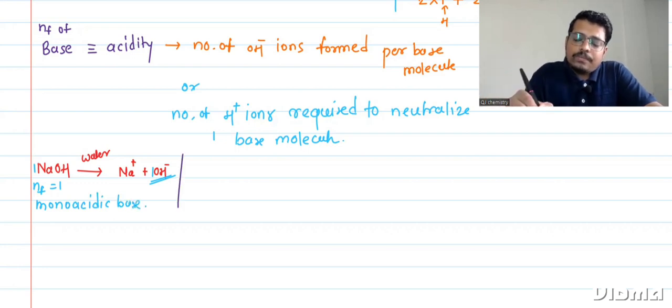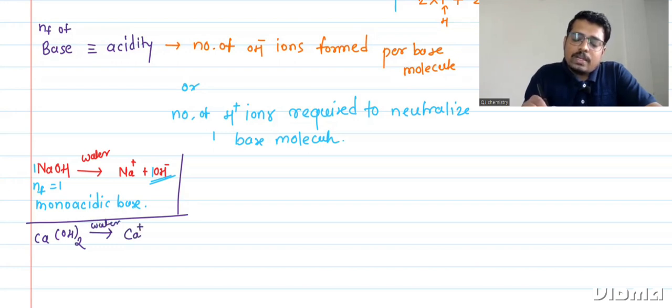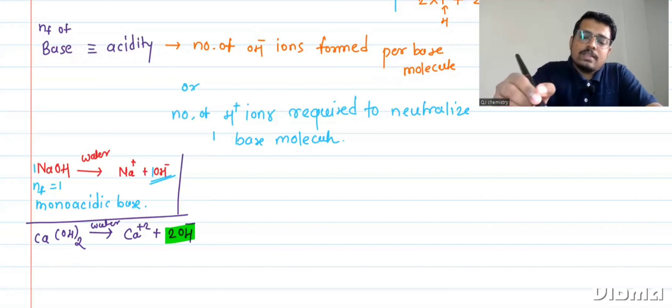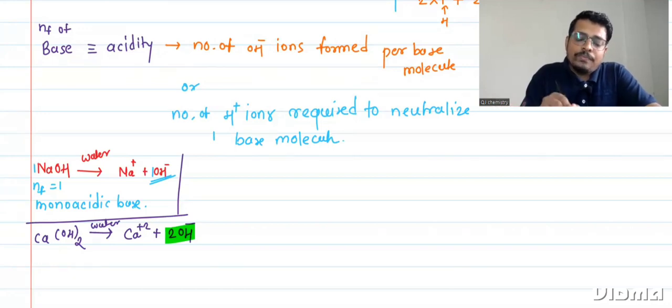Next example, similarly, calcium hydroxide. Calcium hydroxide when added into water gives calcium 2 plus ion plus 2 OH minus ions, right? So this calcium hydroxide gives 2 OH minus, hence its N factor is equal to 2, and it is known as a diacidic base.